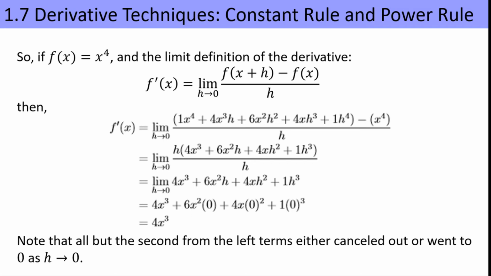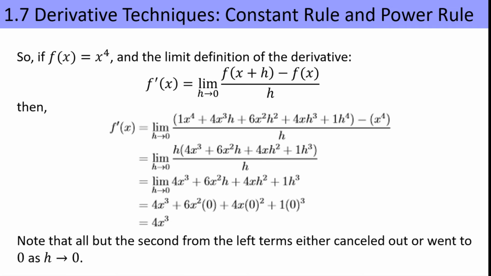Let's observe that the x⁴ terms cancel, and in the remaining terms of 4x³h + 6x²h² + 4xh³ + 1h⁴, there is a common factor of h, so let's factor that out. The expression becomes the limit as h approaches 0 of h times the quantity 4x³ + 6x²h + 4xh² + 1 times h³.